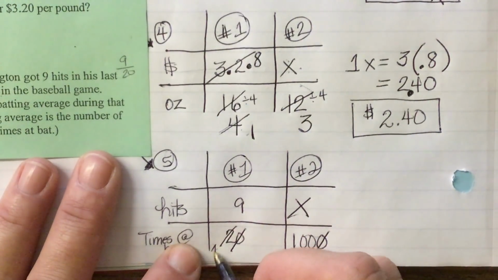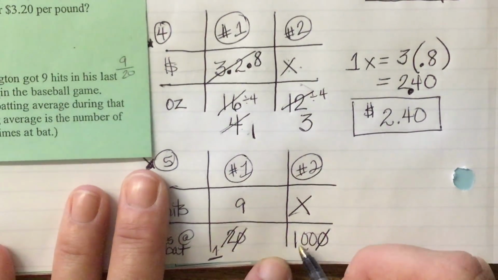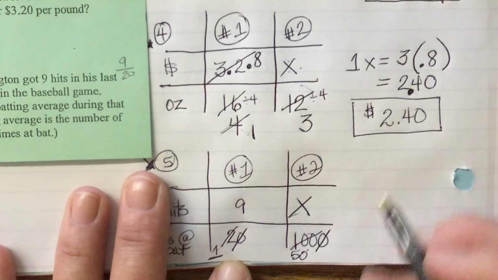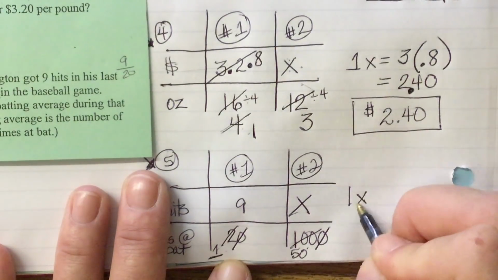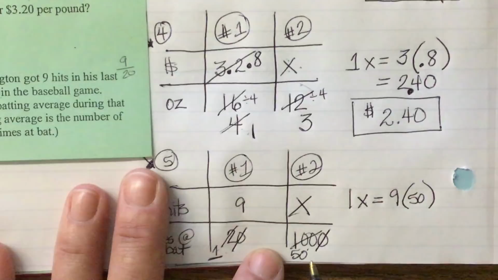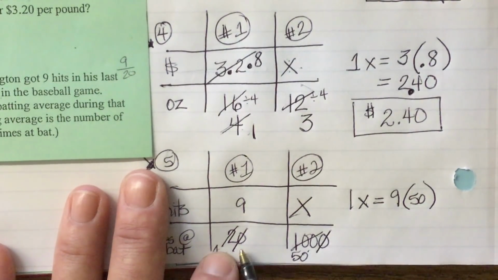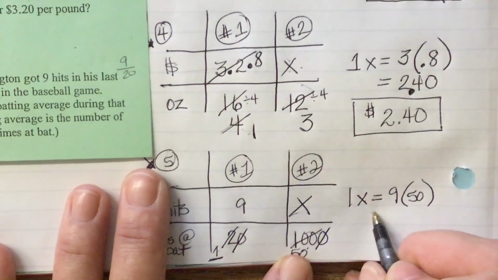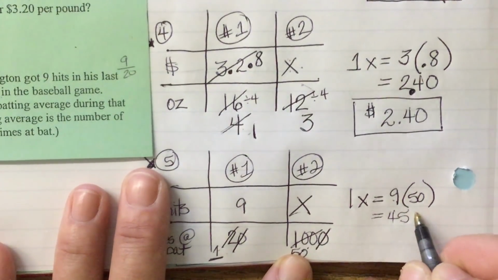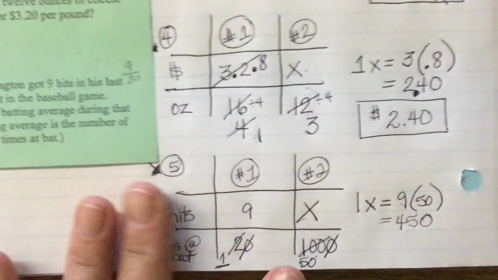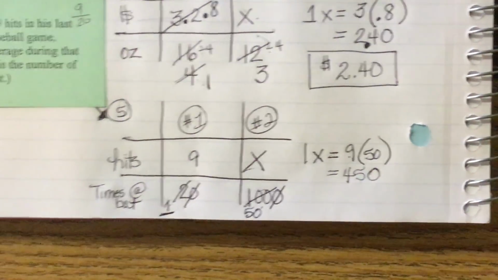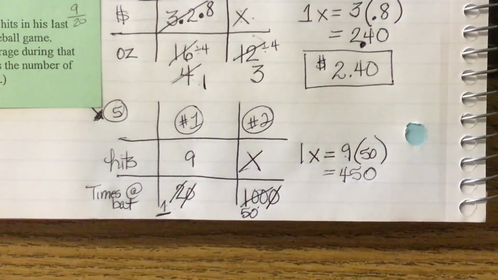Now it's 1. 100 divided by 2 is 50. 1 times x is equal to 9 times 50. That's a lot easier than 9 times 1,000 divided by 20, okay? 9 times 5 is 45, and I add my 0. We're trying to do that mental math, okay? Sorry about that. That's my goal this year, is to help you start to think like mathematicians.